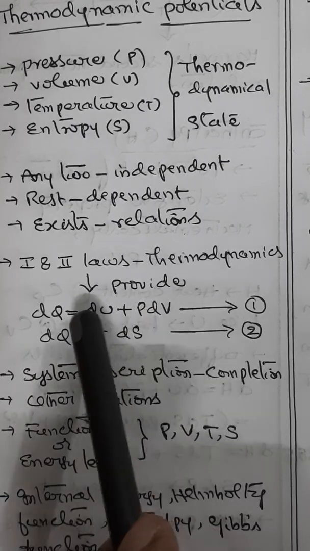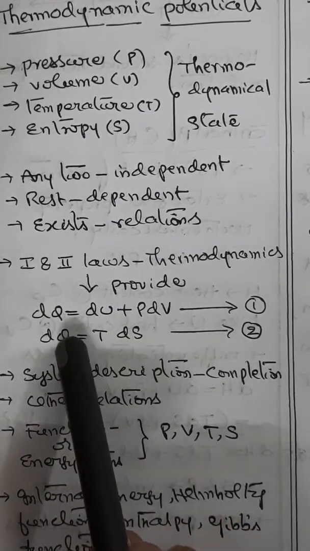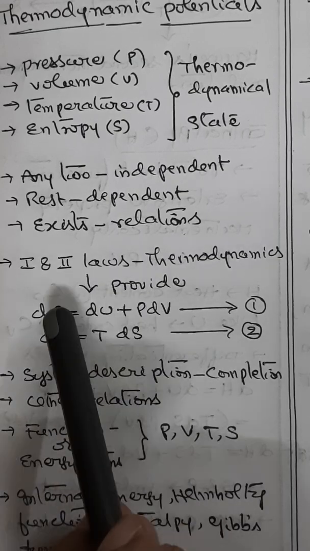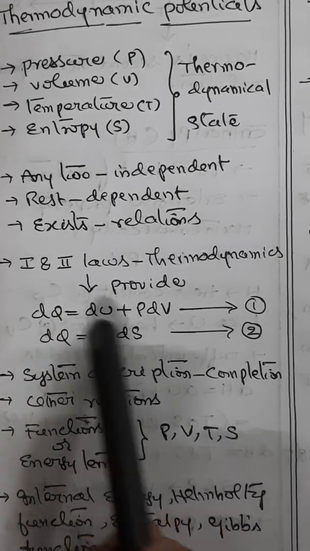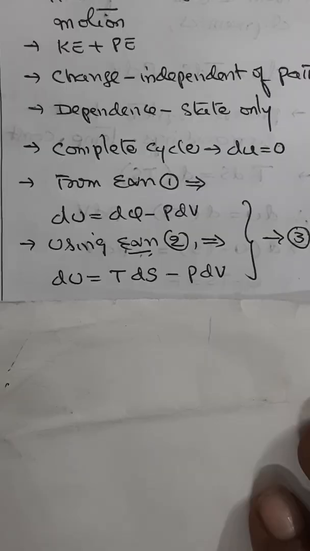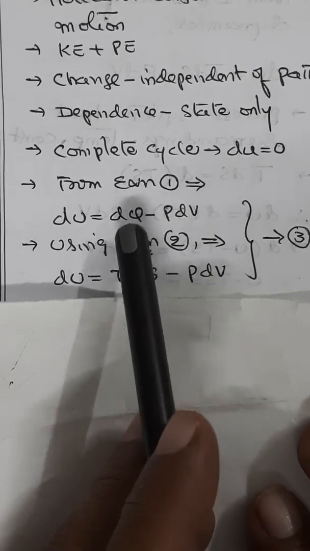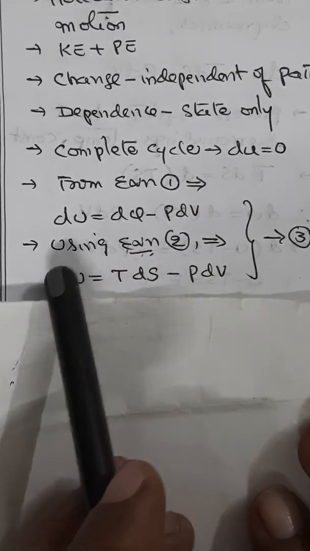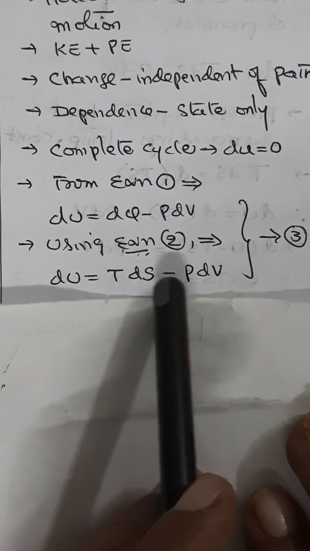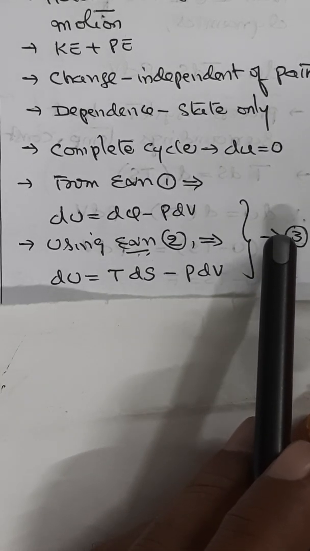From equation 1, du will be dq minus pdv, but dq equal to tds from equation 2. Therefore, du will become tds minus pdv. Let it be equation 3.